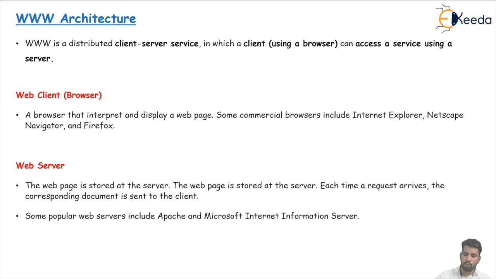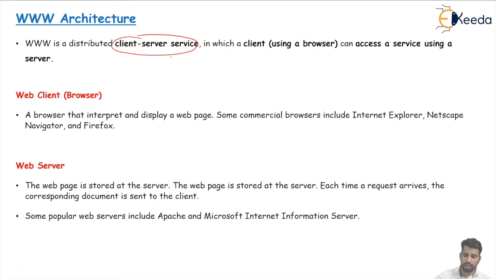Mainly the web is a client-server type of service in which the client is the web browser. Web browser means on your host computer you are running a browser application, you submit your request, and that web browser works as a client and sends its request to another host. That host is called the server, which will fulfill your request and send you a response.